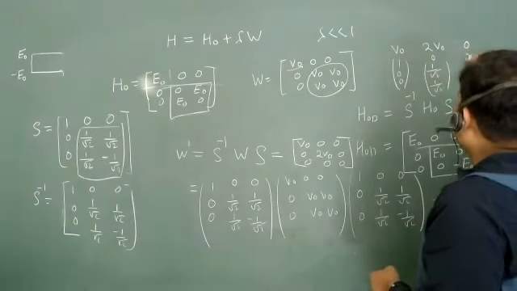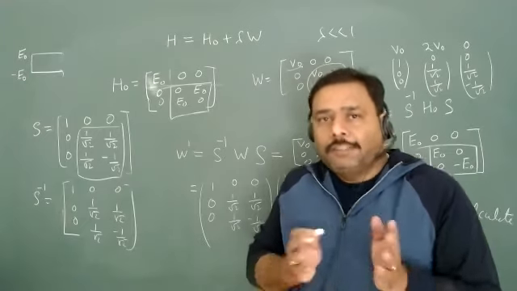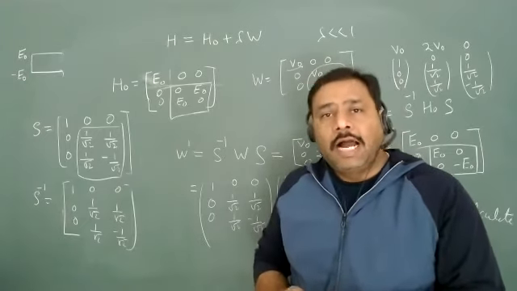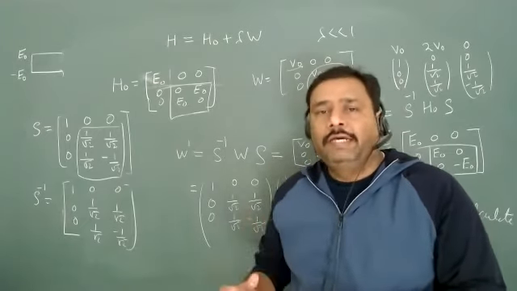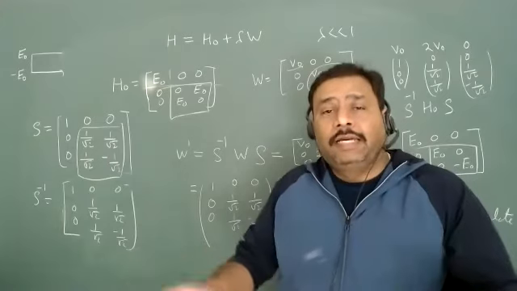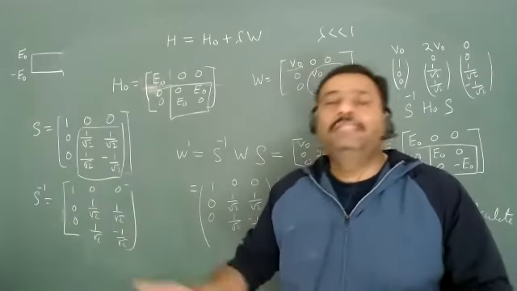This is very deep-rooted analysis. Please listen to it very carefully. What is going to happen? I have chosen my W dash in such a way that W and H naught can be diagonalized on the same basis.